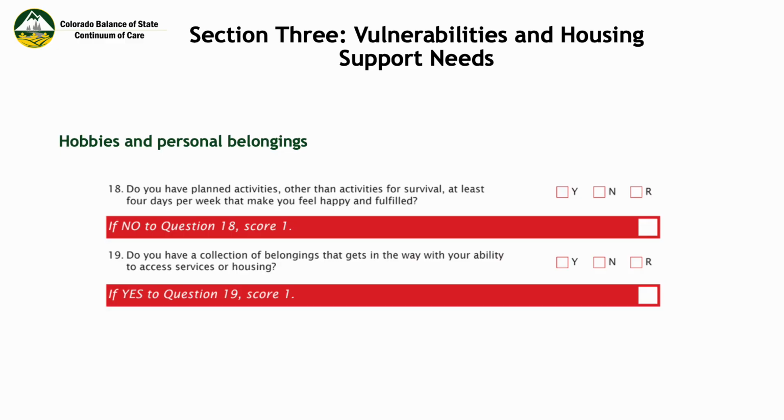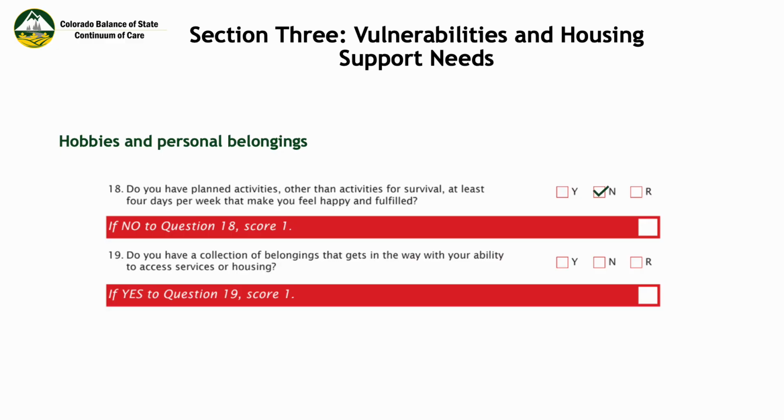Question 19 says, do you have a collection of belongings that gets in the way of your ability to access services or housing? This is asking if the person has belongings they can't leave or don't feel comfortable leaving to go get supports or services and apply for housing.